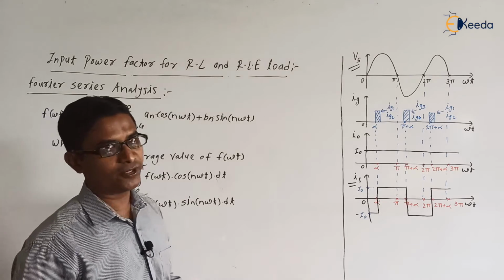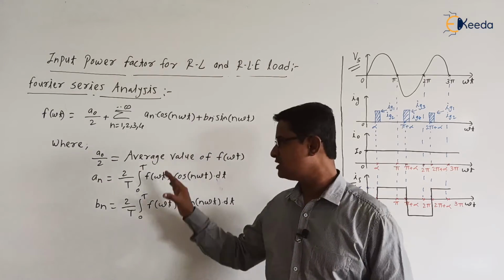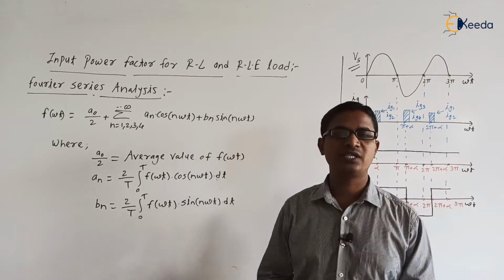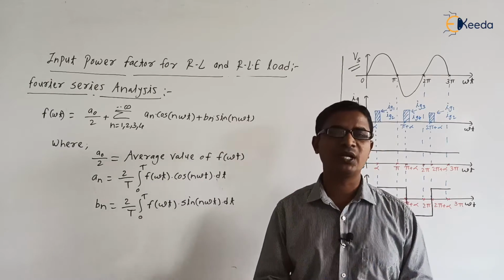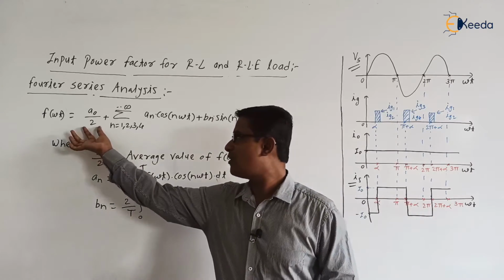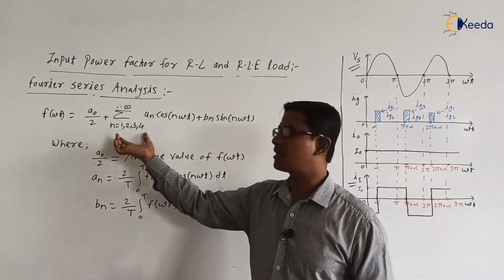Please be careful, you need to memorize these three expressions. Very important. According to the Fourier series, any periodic but non-sinusoidal signal can be represented as the average value plus its harmonic contents.